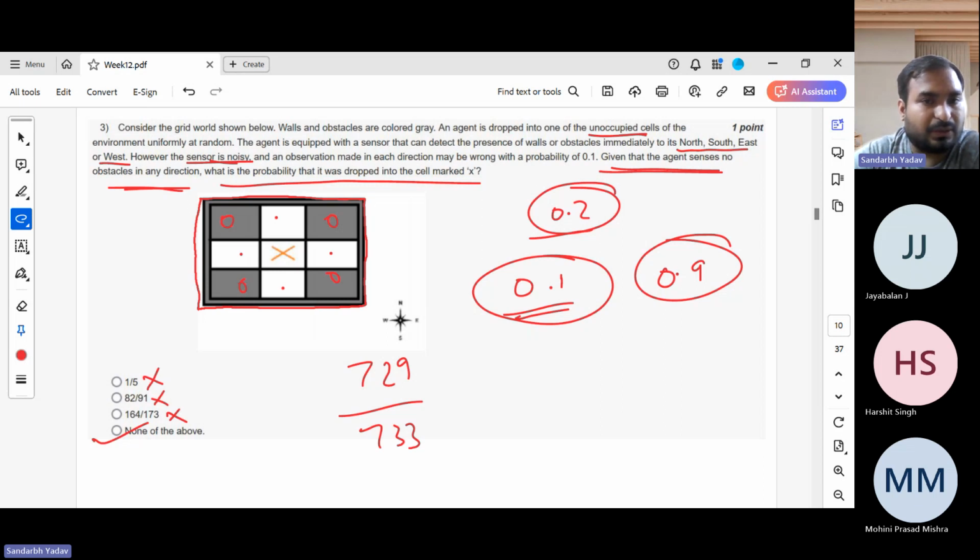Obstacles should be only on the north and south, not on east and west. So how can this happen in this case? North should be correct, because the obstacle is already there, but south should be wrong, and east and west should also be wrong, because there are obstacles there. So it will be essentially 0.1 cubed, and into 3 should be wrong and 1 should be correct. So this is for this one.